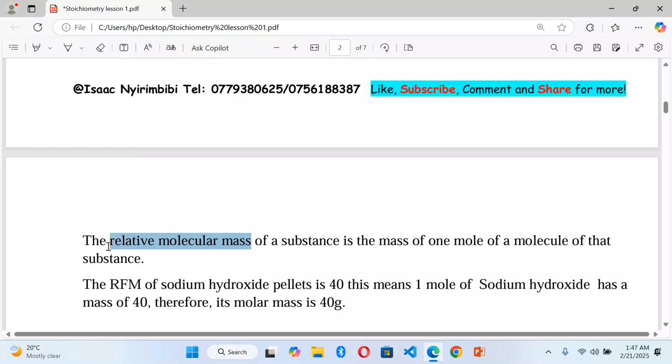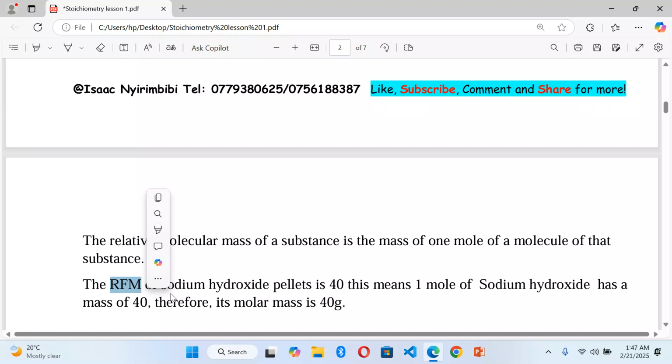For example, carbon dioxide, ammonia, the oxygen molecule. Those ones having only non-metals. Whenever we have a compound which is ionic, so having a metal and a non-metal, there we use relative formula mass. So RFM and RMM should not disturb us.